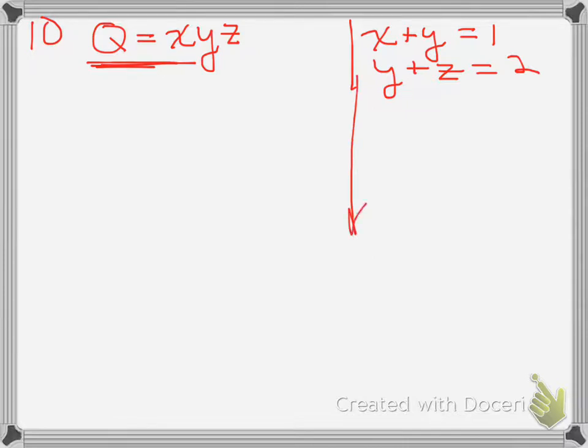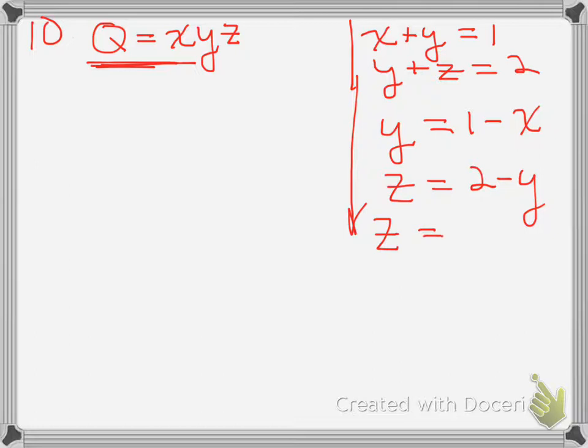So looking at your constraints, I can see that y equals 1 minus x and z equals 2 minus y. So now I'm thinking, how does that help me? And then I say, oh, wait a second. Can't I say, since z is 2 minus y, isn't z 2 minus 1 minus x?